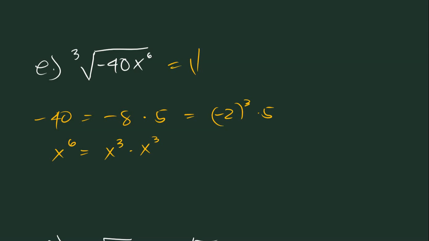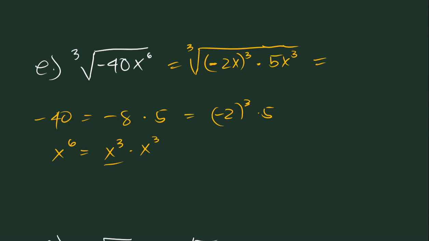Okay, so we can then rewrite this as the cube root of negative 2 cubed, and then multiplied by 5x cubed, right?